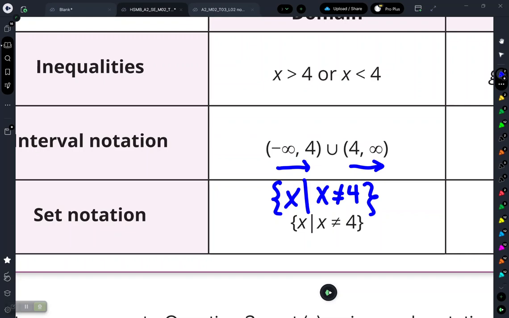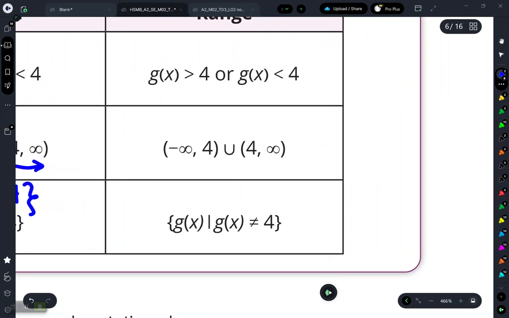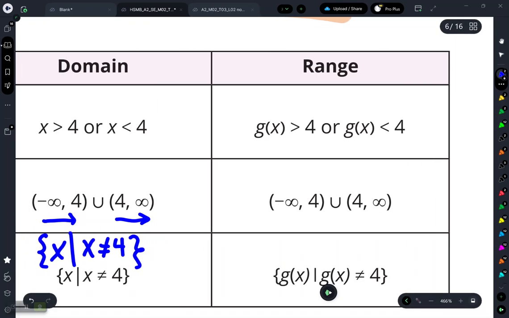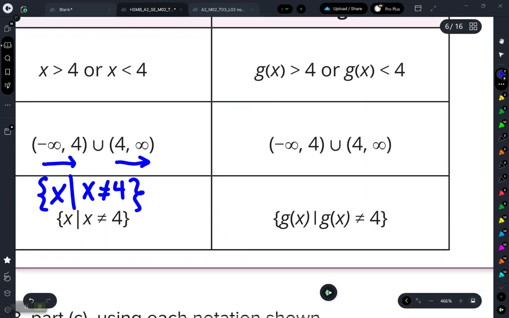And then for the range, using the output or the y's, we would use g of x because that's the name of our function. If our range is the same, all real numbers except for 4, we would say g of x is greater than 4 or g of x is less than 4. The interval notation looks identical because there's no x or g of x involved. And then for the range in set notation, we're just replacing x with g of x. All g of x such that g of x does not equal 4.